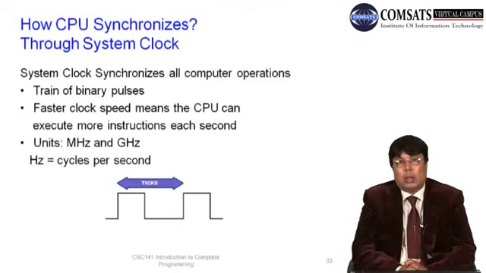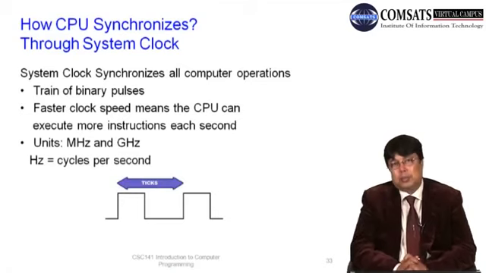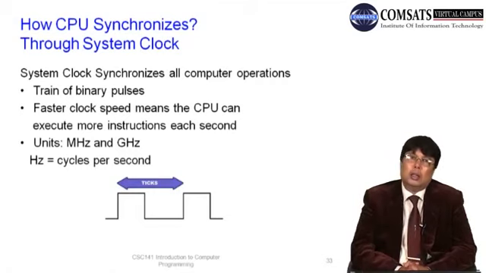So the faster the clock, the faster the CPU will work, and the CPU will execute the instruction much more quickly if the clock is very fast, because the CPU has to do it in a few machine cycles. The time period is basically inversely proportional to the frequency.